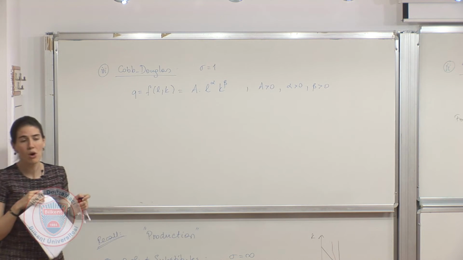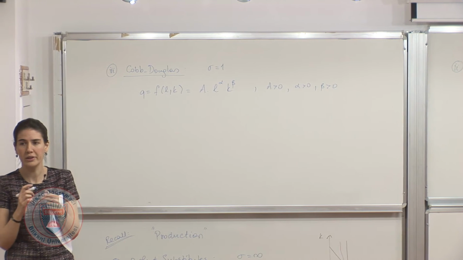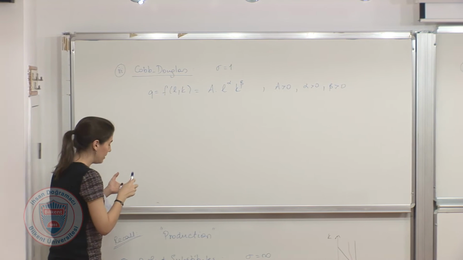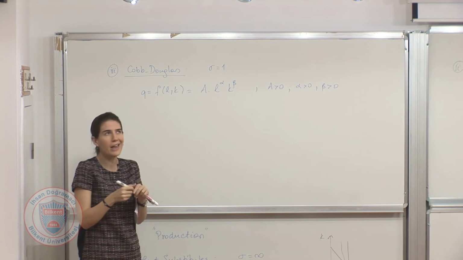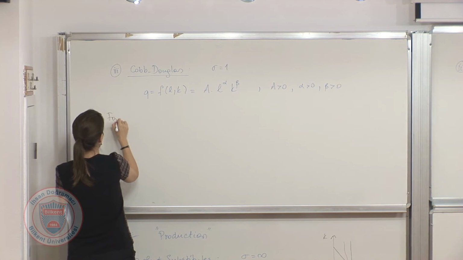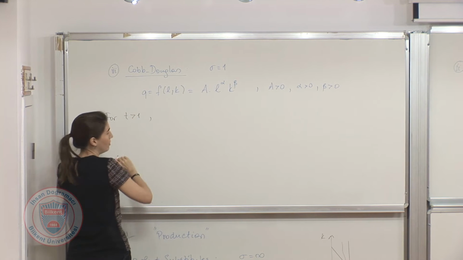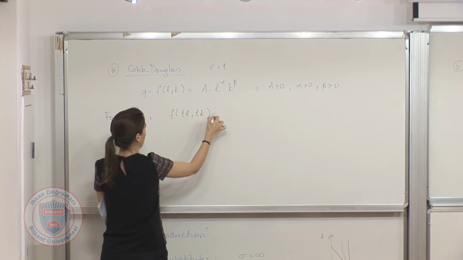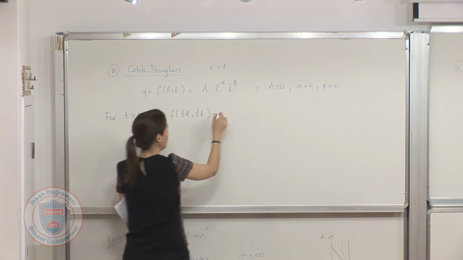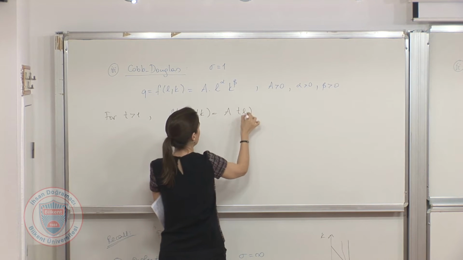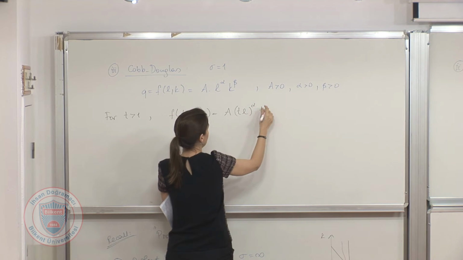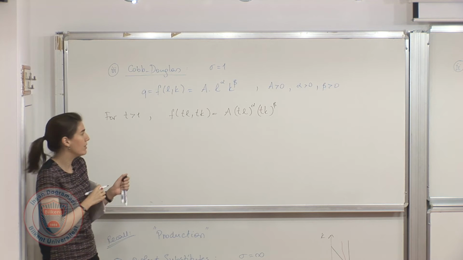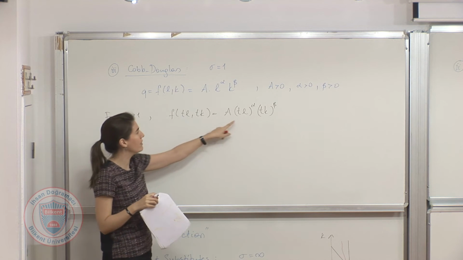So what does Cobb-Douglas show? Let's see. Remember, you don't have to memorize. For t greater than 1, f of tL, tK is A times tL to the power alpha, tK to the power beta. Wherever I see L, I write tL, and wherever I see K, I write tK.